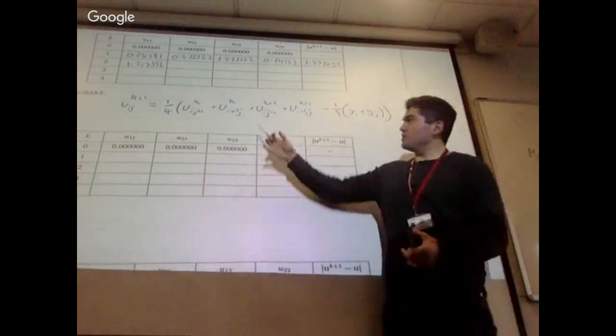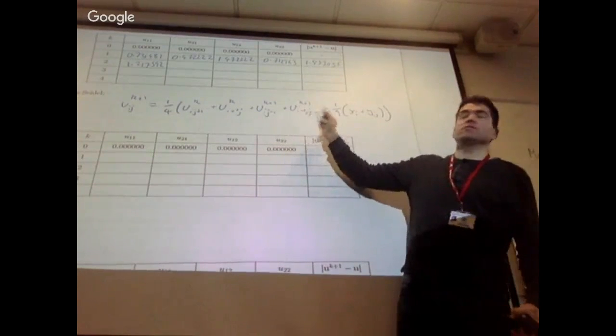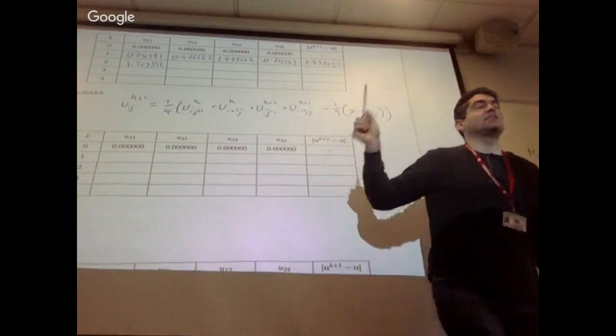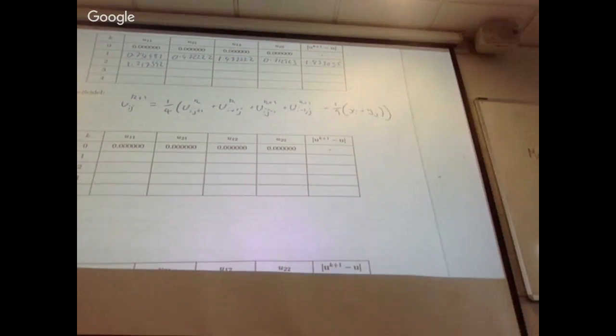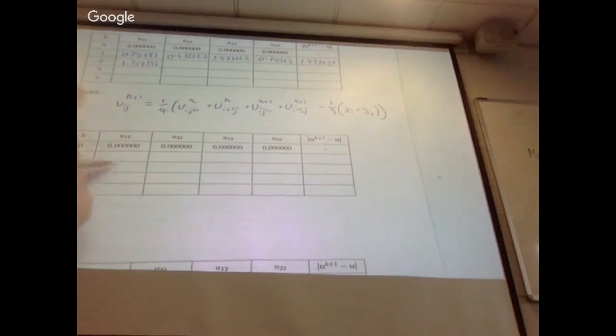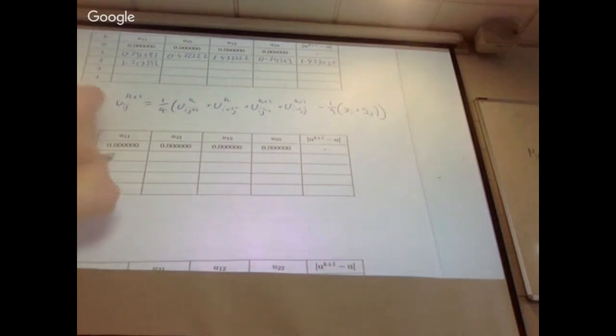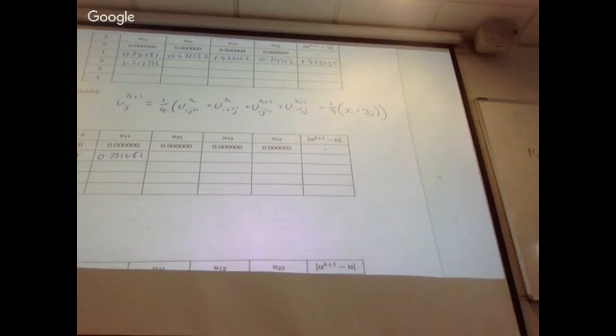The first calculation for the Gauss-Seidel method is exactly the same as Jacobi, so why do the work again? I've already done it up here. So our first value is 0.731481.